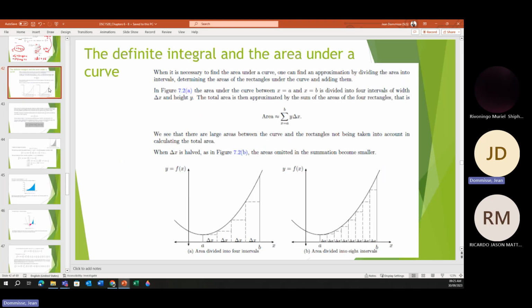Okay, so then the next part is we will look at what they call integration, and the values or the area under a curve.